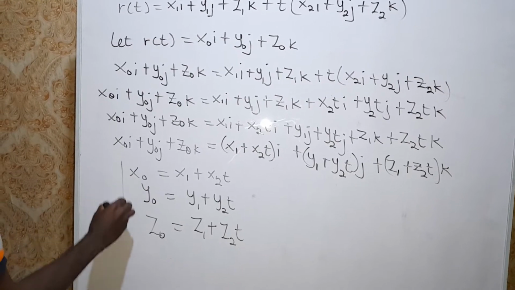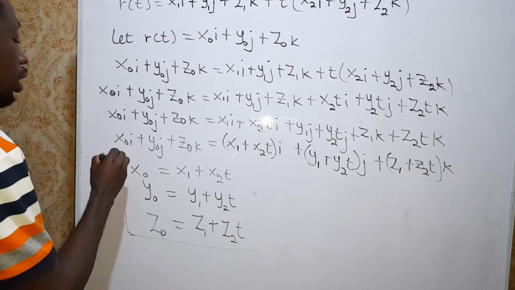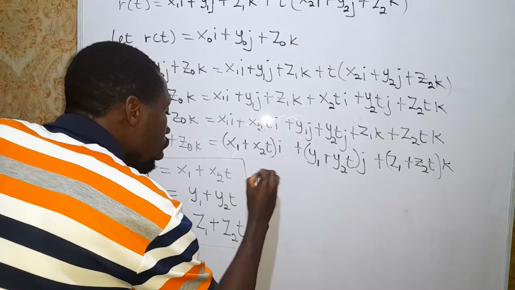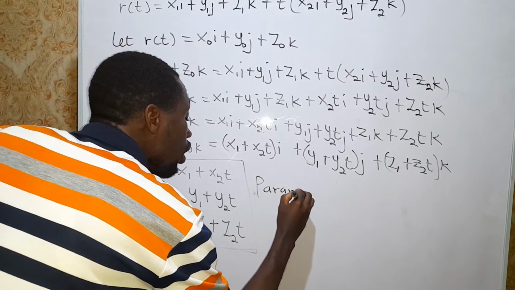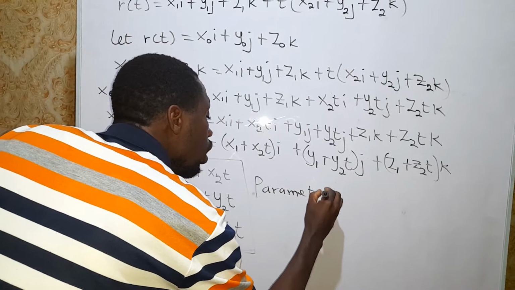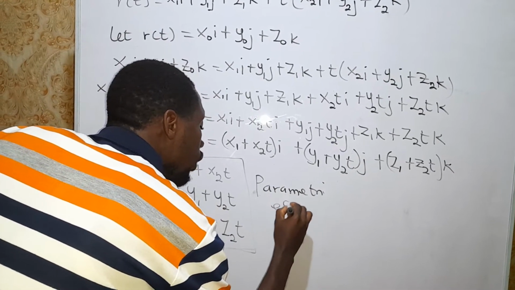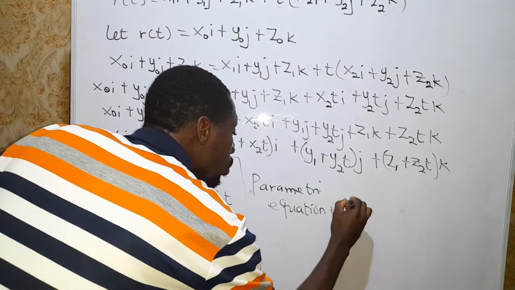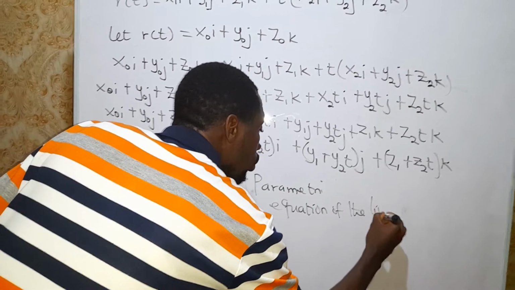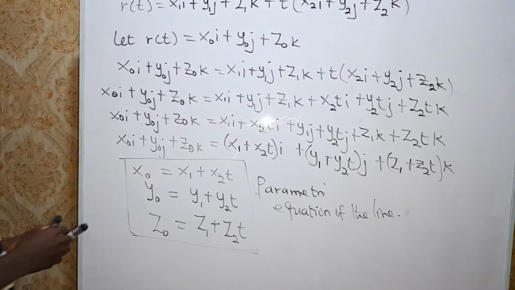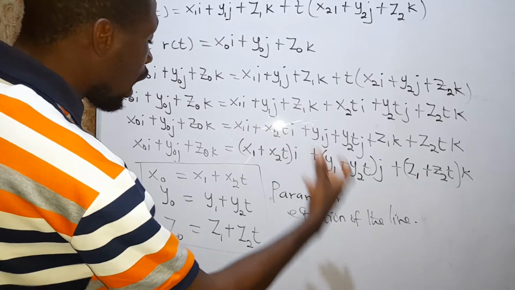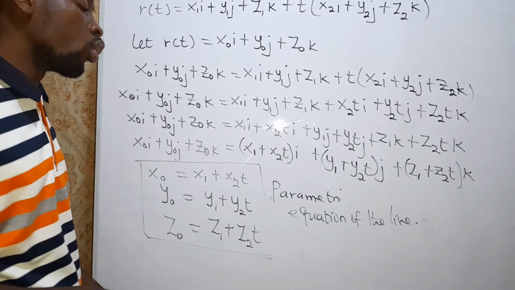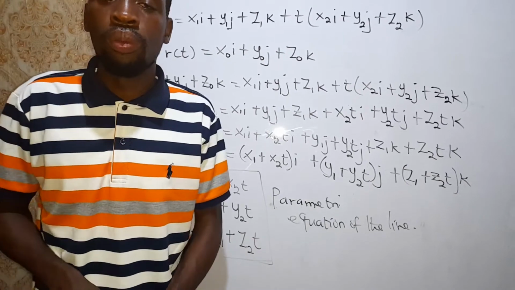Then we say this becomes the parametric equation of the line. I hope you get that. Now we learn how to find the symmetric equation. Then we take some sample questions and solve.